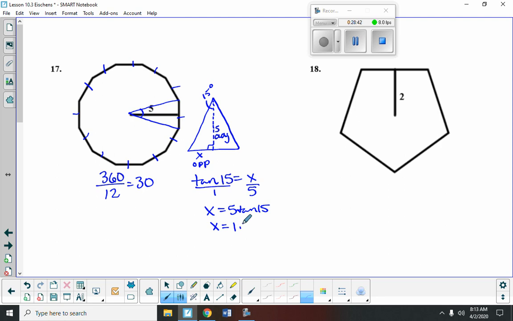So it's about 1.3, which means this side is 1.3. And so the whole base is 2.6. So the area of the one triangle, so the base is 2.6, the height is 5, and then divided by 2.